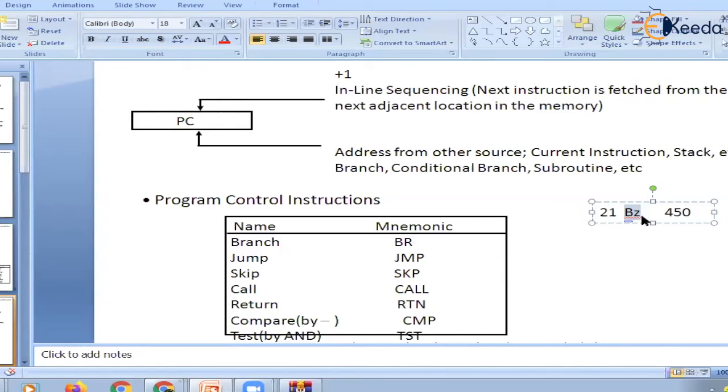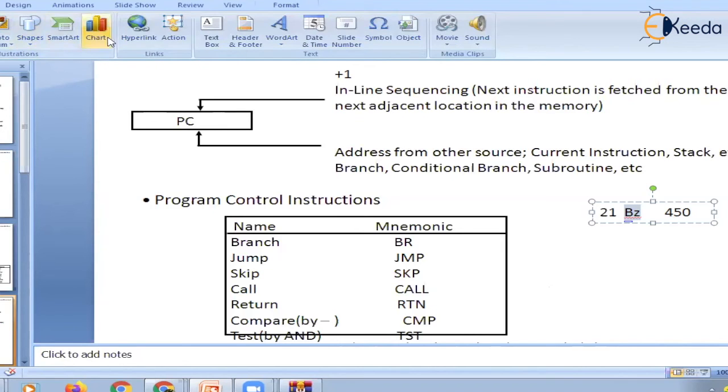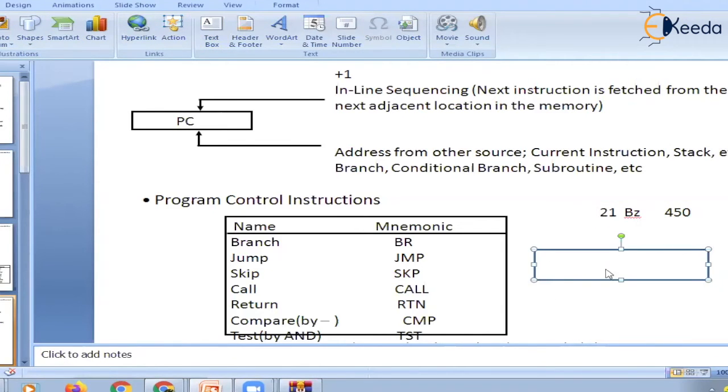Try to understand. You knew that there is a flag register. What is the flag register? The flag register holds a few flags. You remember? Let me show you the flag register again. There are several flags in the flag register.